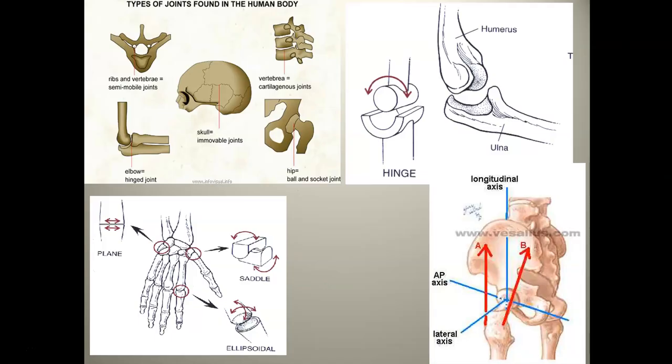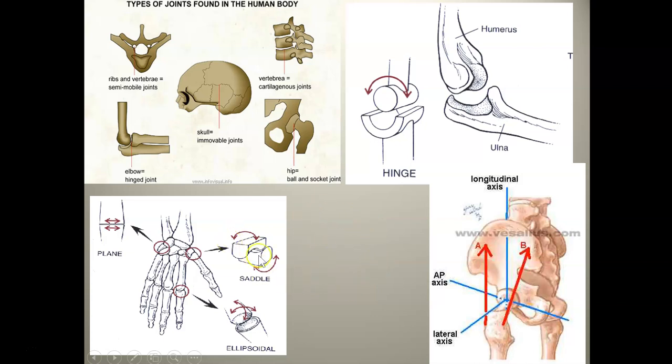So we see here in the diagram, here is a uniaxial joint, the elbow. The true elbow joint only moves in flexion and extension. Whereas in the hip joint, it's a ball and socket, it moves in all three planes of the frontal, the sagittal, and the transverse if the leg's bent and moves around the hip.